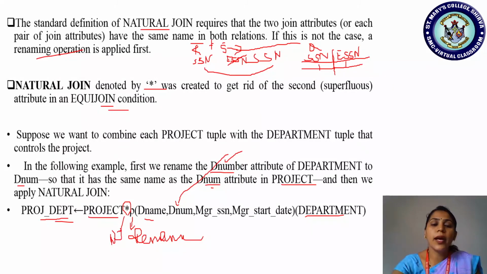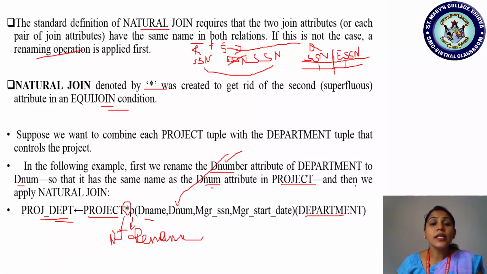As the asterisk symbol, that is natural join, is applied, what happens? The tuple from project and the tuple from department are going to combine only when which attribute is common? Dnum. These are the attributes which are common in both project and department. So if their values are equal, then automatically those tuples will be joined. There the department number column will be displayed only once, because we have made it common in both the relations.